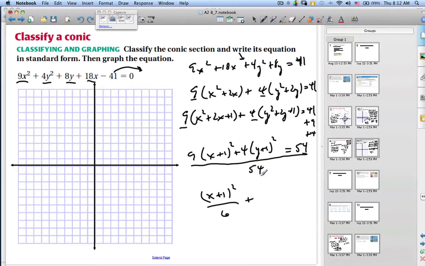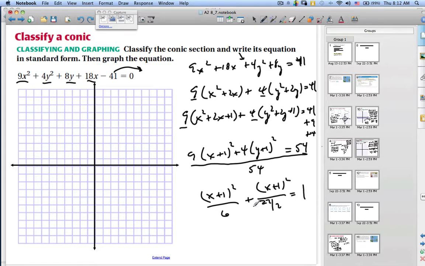It doesn't perfectly go into 54, right? But I can factor out a 2. So half of 54 is 27, so this will be 27 halves, x plus 1 squared, and it equals 1.